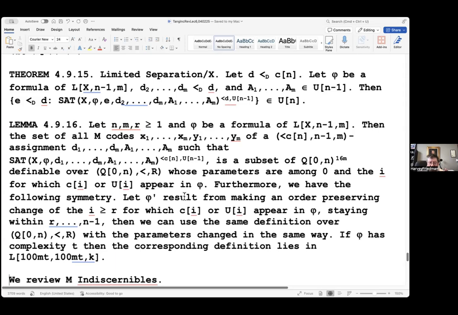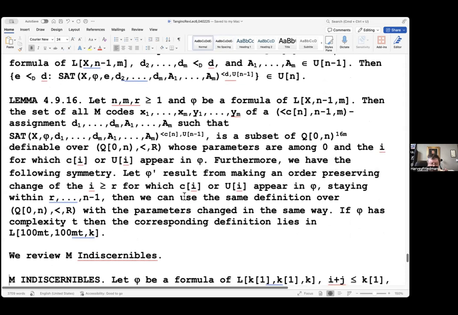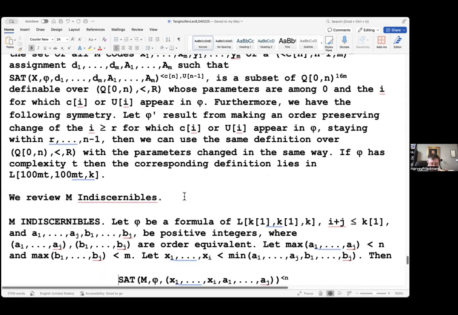You want to get the indiscernibility for X from the indiscernibility that we already have for M. And we do that by examining how we go back and how it preserves the combinatorial structure of what we're doing, meaning in terms of the indiscernibles.